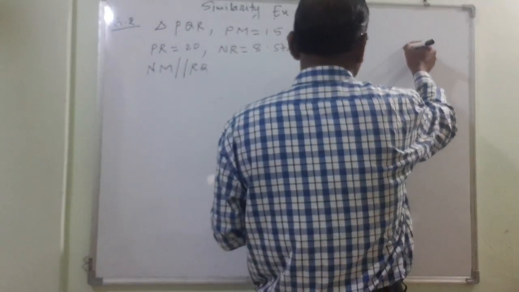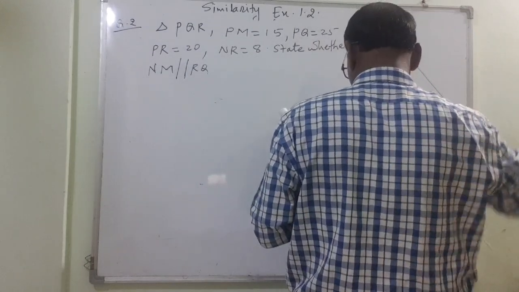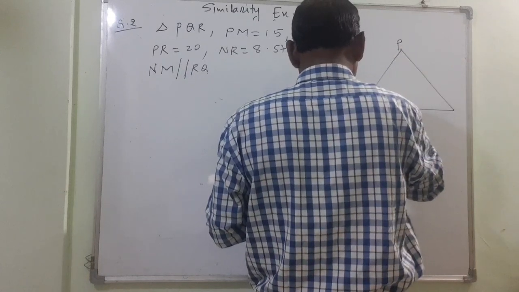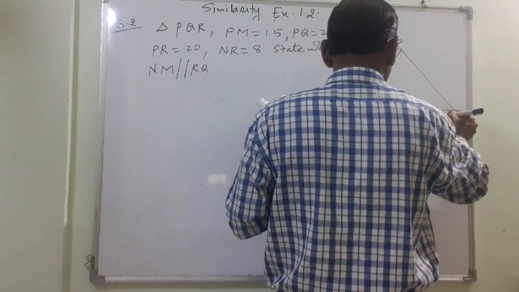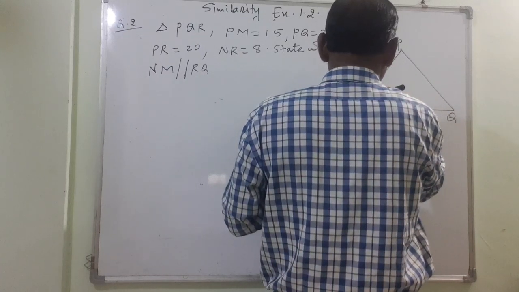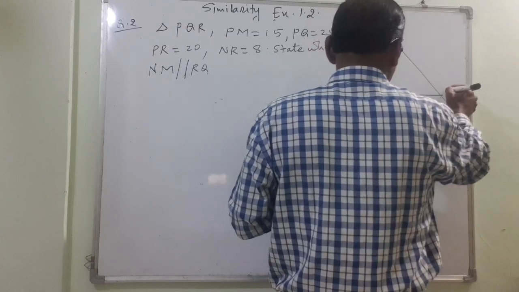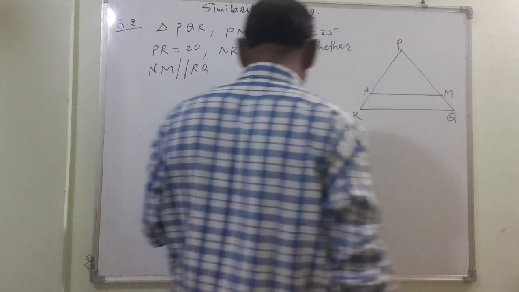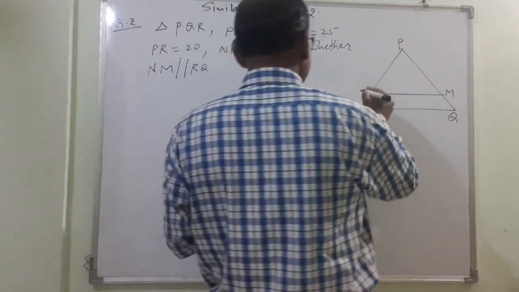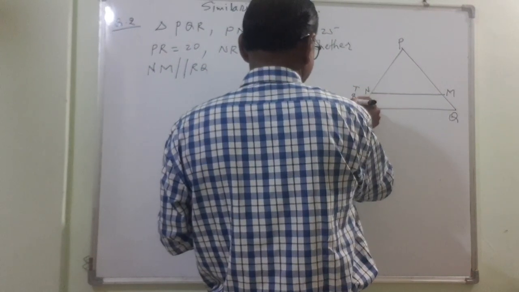I will draw the figure. P, R, Q, N, M. So what is given, I will write here. NR means this distance, this is 8.